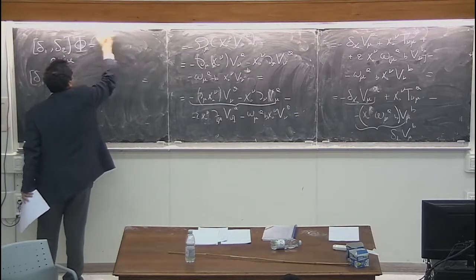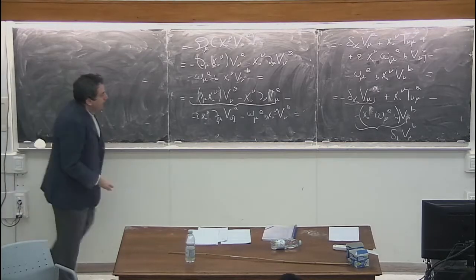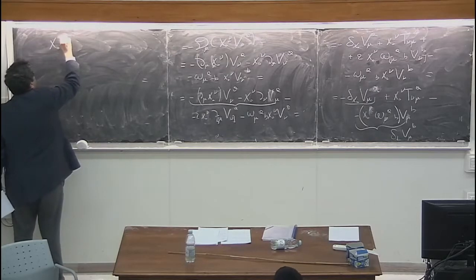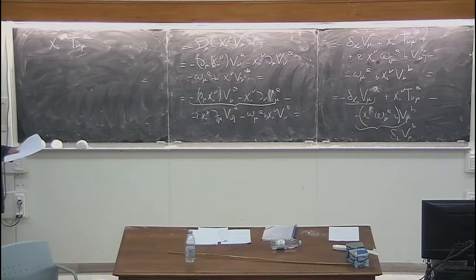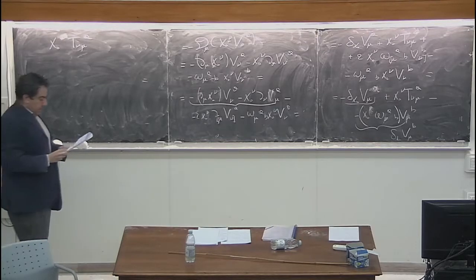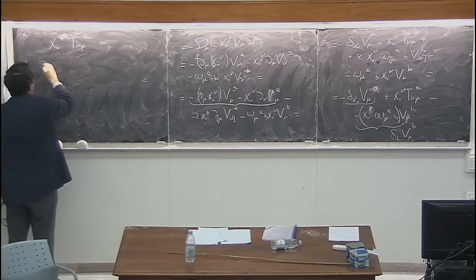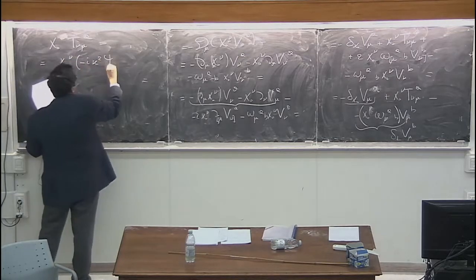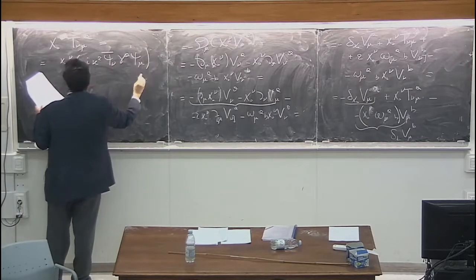And how do we interpret the other one? The other term, x naught nu T nu mu a. How do we interpret this term? Let's write the torsion. We know that torsion is non-vanishing. This is x naught nu times minus i kappa squared psi bar nu gamma a psi mu.